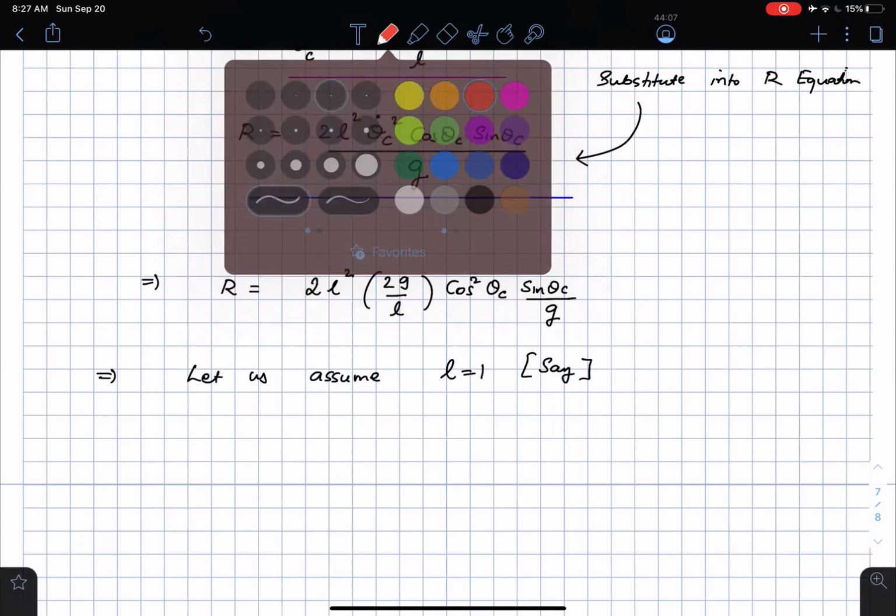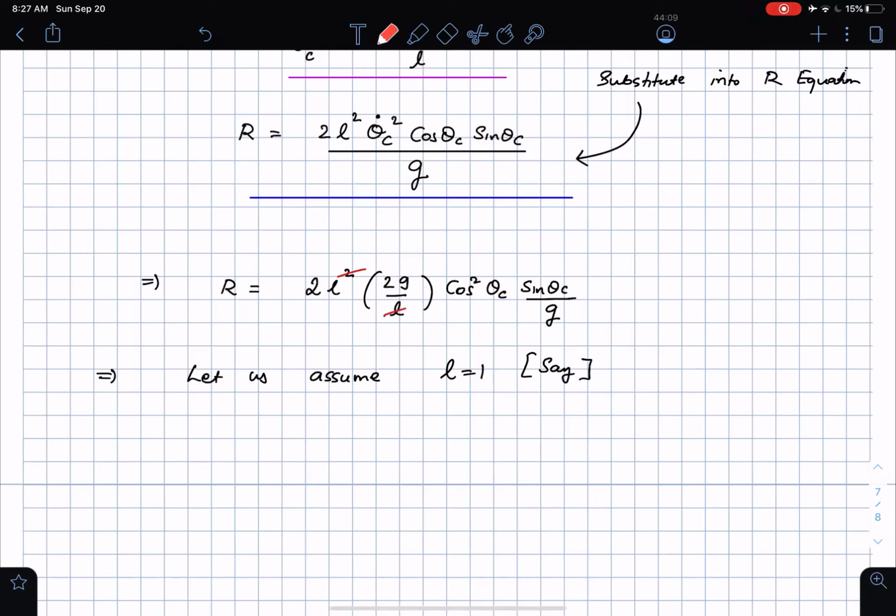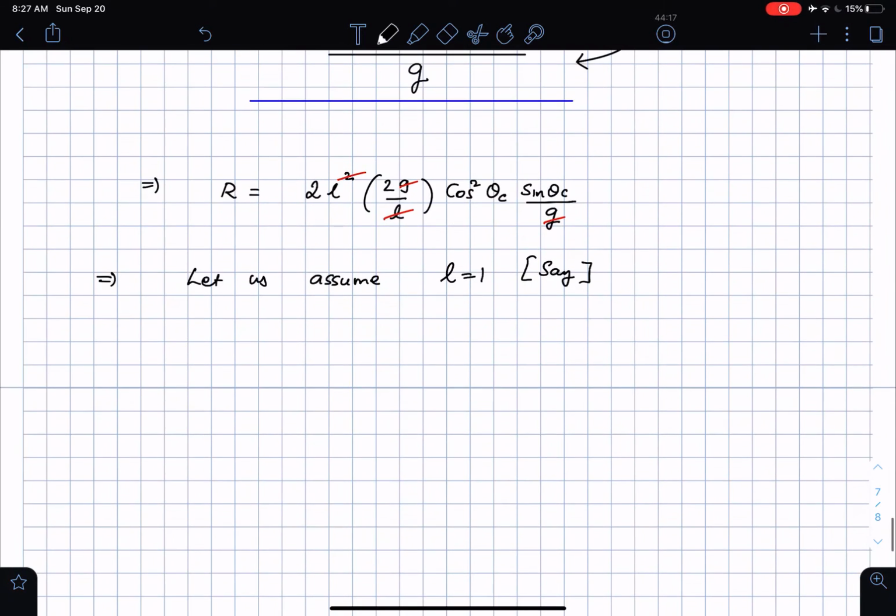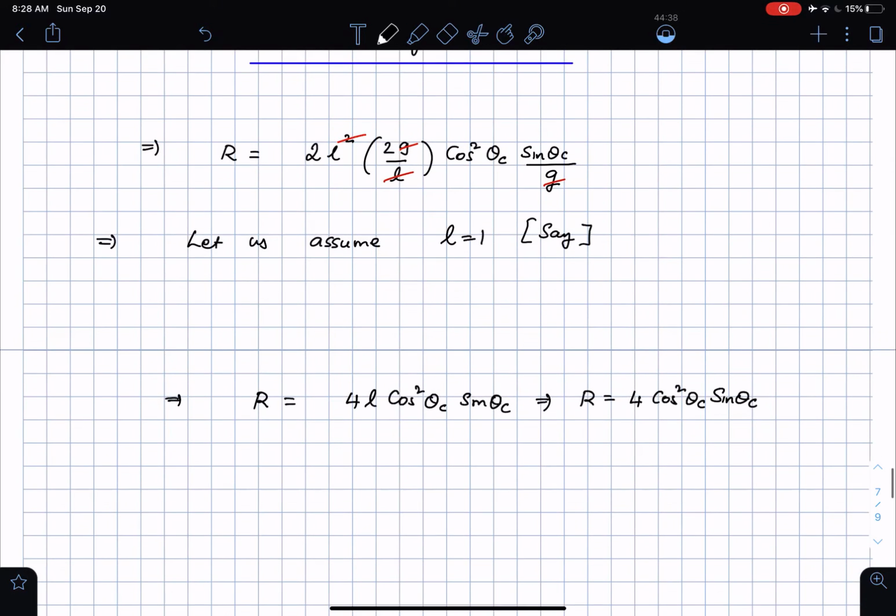That's gone, g is gone, and so I end up with R equal to 4 times L times cos squared theta c sine theta c, and if L is equal to 1, this is 4 times cos squared theta c sine theta c.